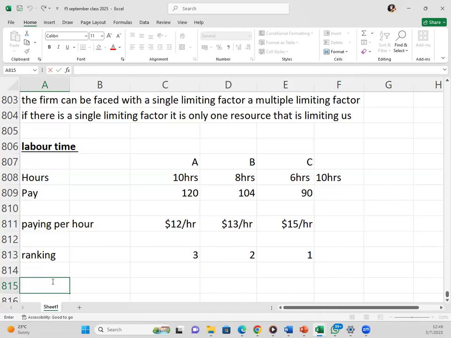So you can say the limited resource must be apportioned in the most profitable order.